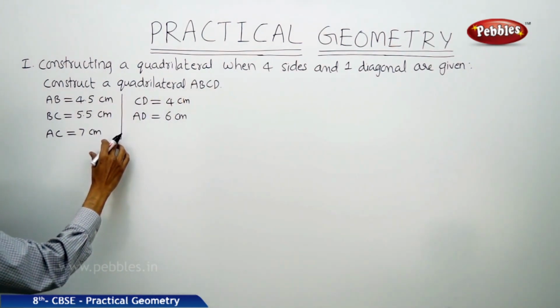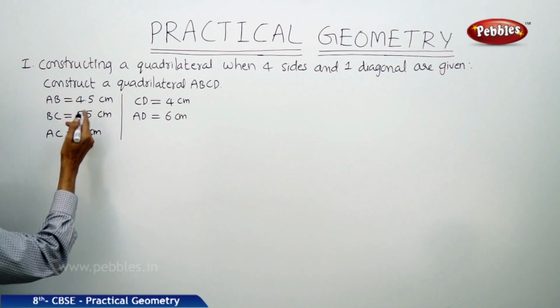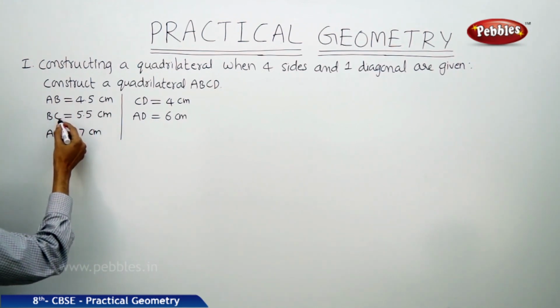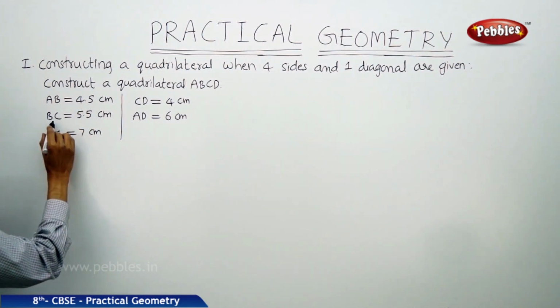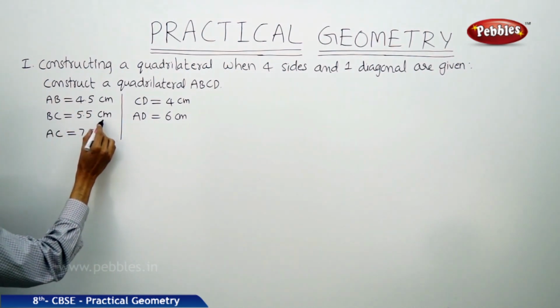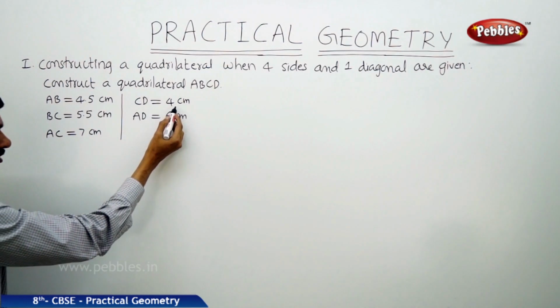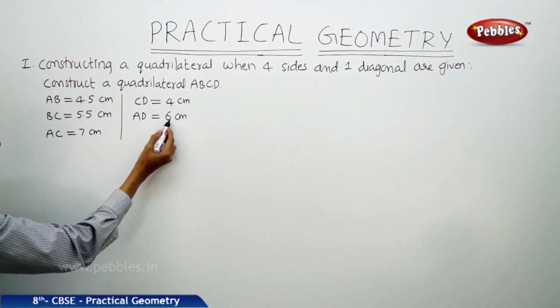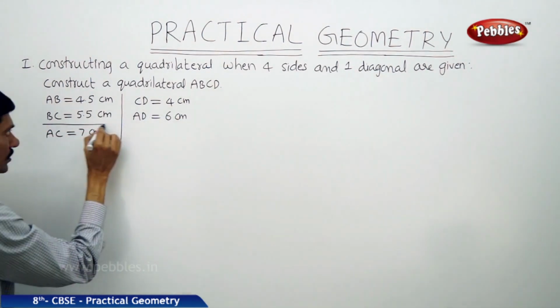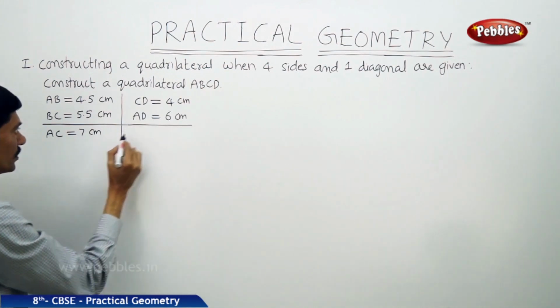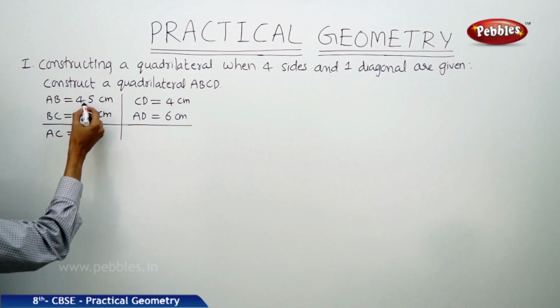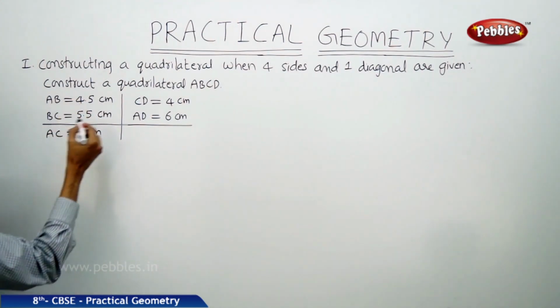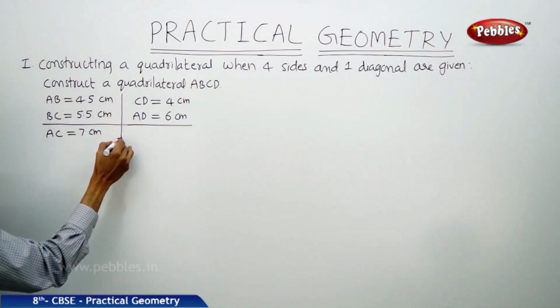The 4 sides AB, BC, CD and AD: AB is 4.5 centimeters, BC is 5.5 centimeters, CD 4 centimeters and AD 6 centimeters. These four are the sides of the quadrilateral ABCD. Then here AC is the diagonal.